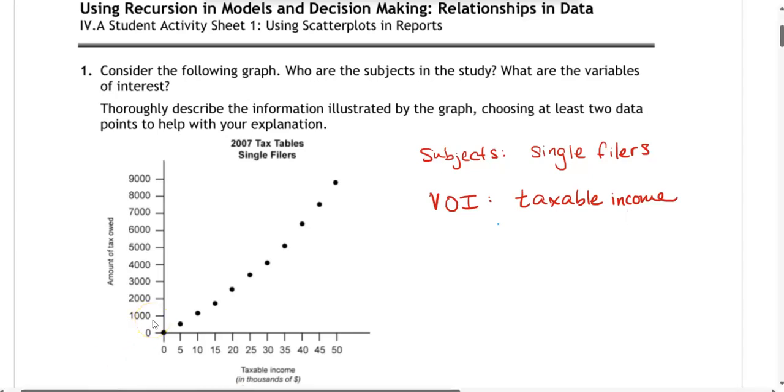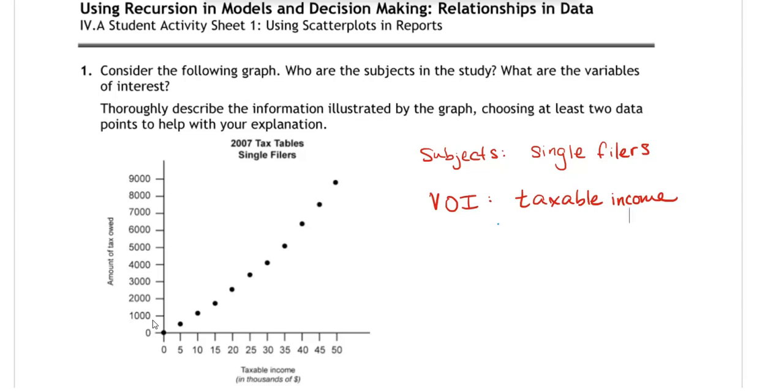Now, thoroughly describe the information illustrated by the graph, choosing at least two data points to help with your explanation. So, that's really open-ended and vague. There's nothing necessarily wrong. It's asking us to use at least two data points.